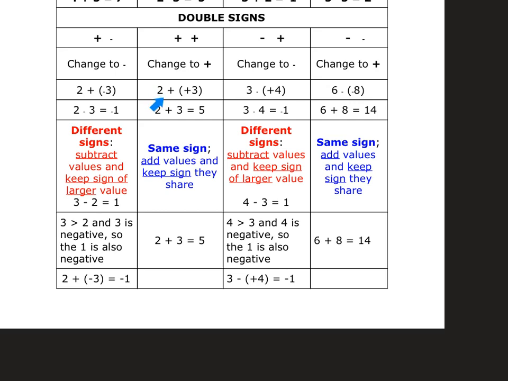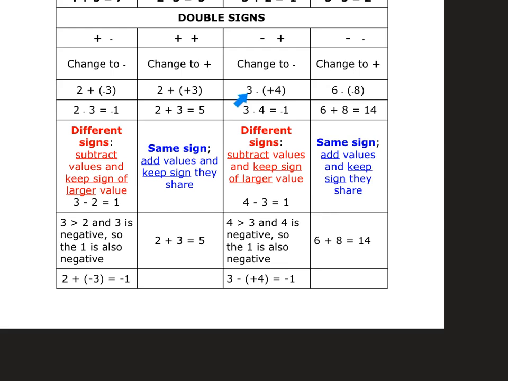Here I have 2 plus +3. These double signs are going to change to a plus. So 2 plus 3 is equal to 5. These here are the same signs, +2 and a +3. So same sign says to add the values and keep the sign they share. So it will remain a positive answer.